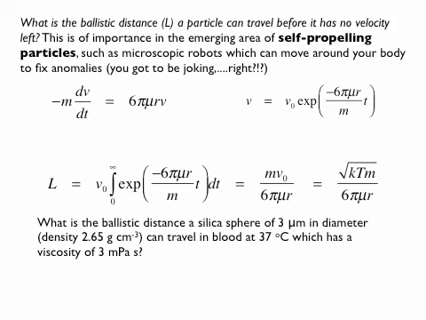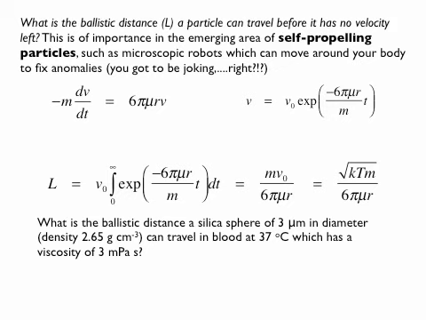So now the question is, how far can I move if I shoot something? Velocity has units of meters per second, so if I integrate velocity, I get displacement. And I have to integrate velocity from time 0 to time infinity.